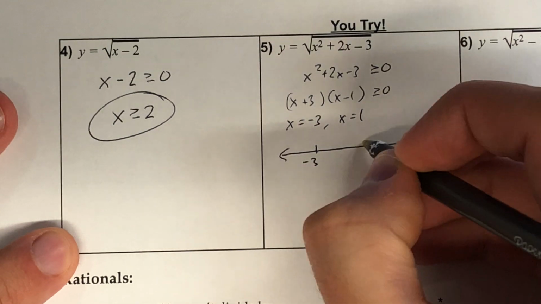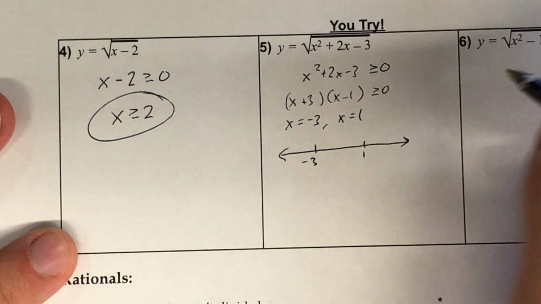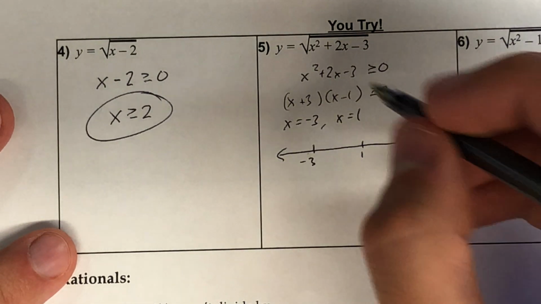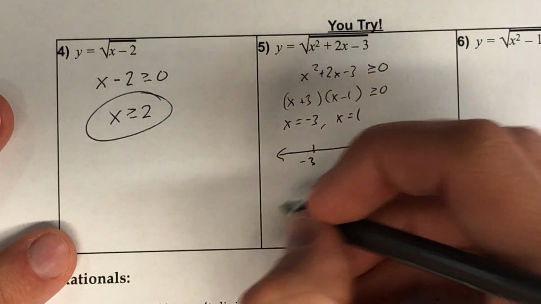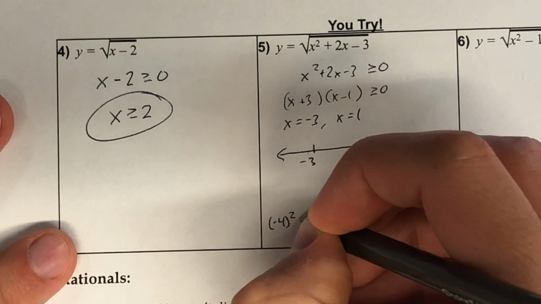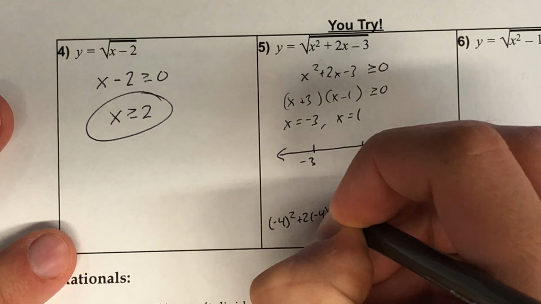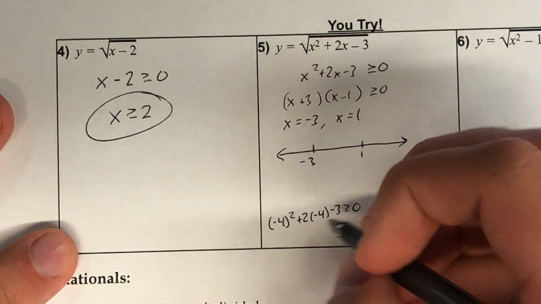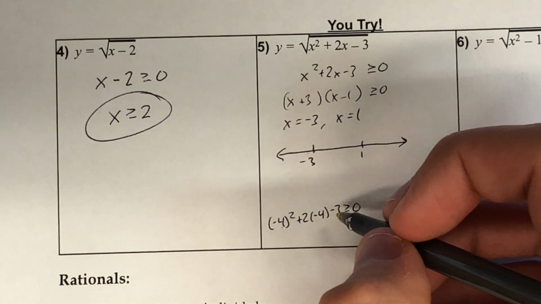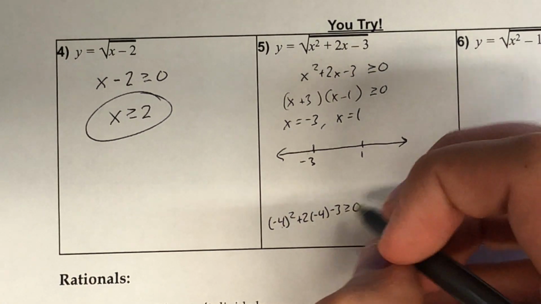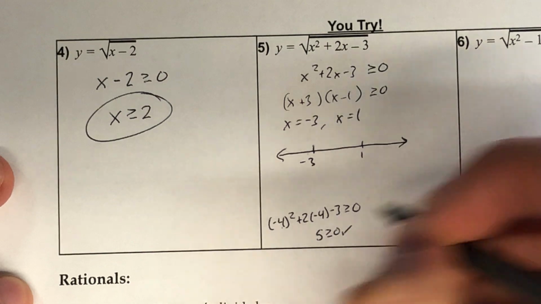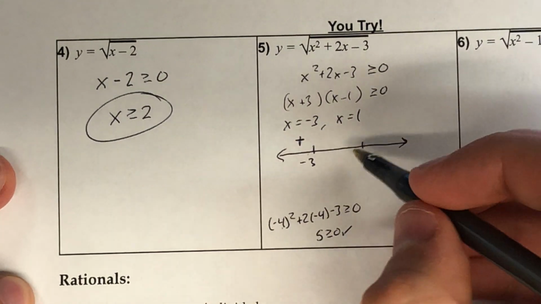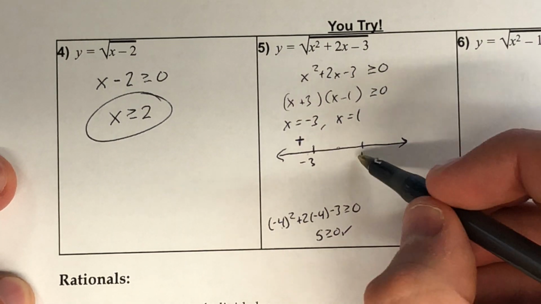So we're looking for values around those. So anything to the left of negative 3, we'll try plugging in, let's say, negative 4. Check, is that greater than or equal to 0? So we get 16 minus 8 is 8, minus 3 is 5, so we get 5 is greater than or equal to 0, yes. Pick a number in between, so we can try 0 here.